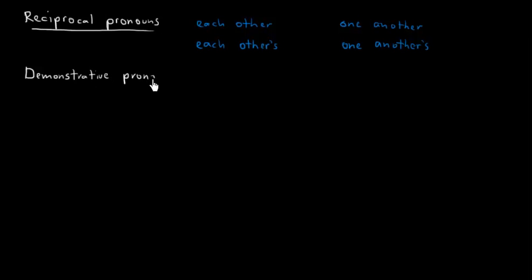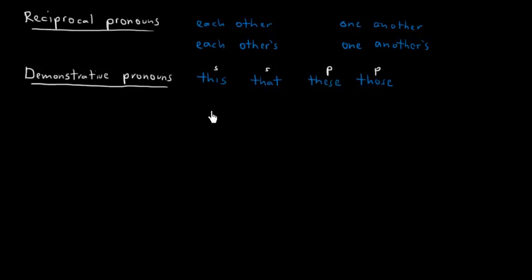Okay. The demonstrative pronouns, and you may remember the demonstrative determiners, and it's the same four words: this, that, these, and those. Okay, and there's no person, but this and that are used for singular antecedents, and these and those are used for plural antecedents.